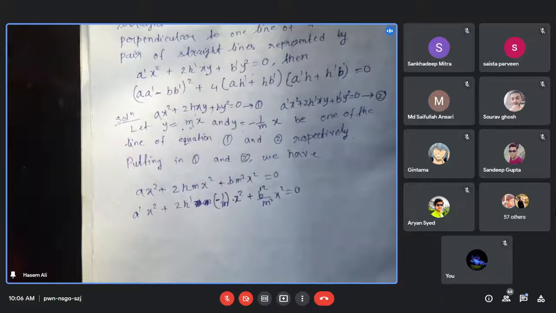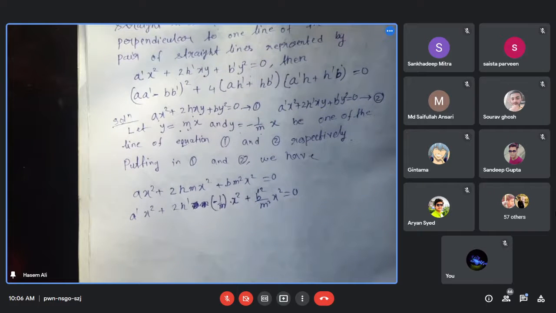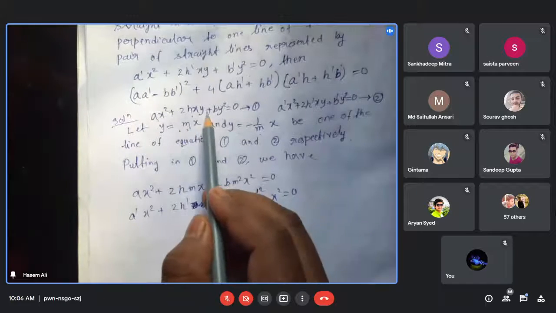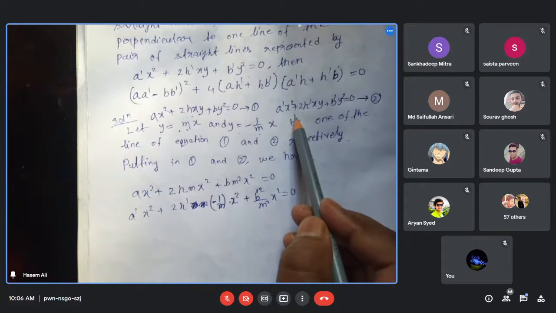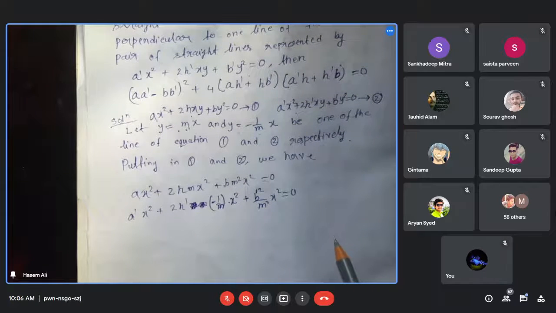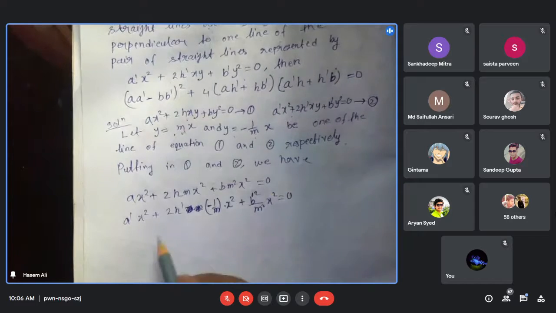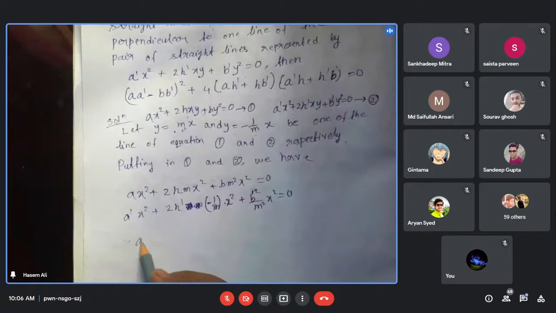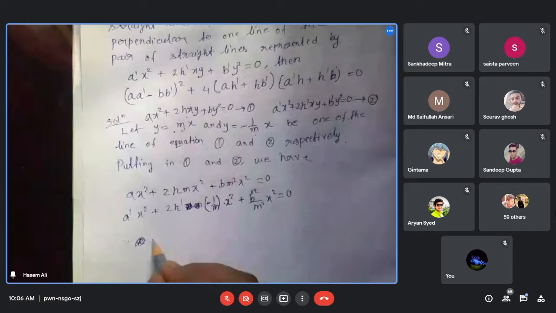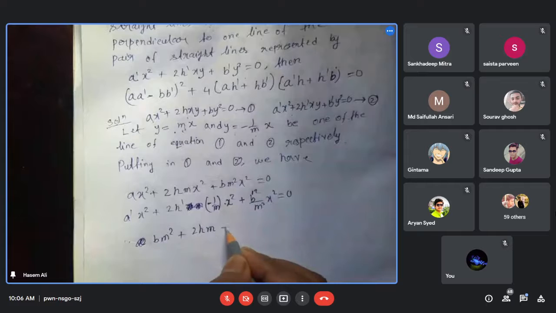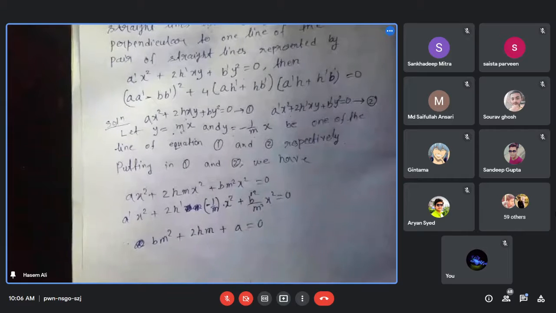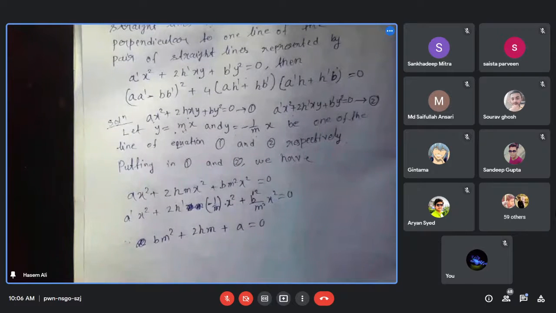Putting y equals minus 1 by m in this equation, we have bm square plus 2hm plus a equals to 0.